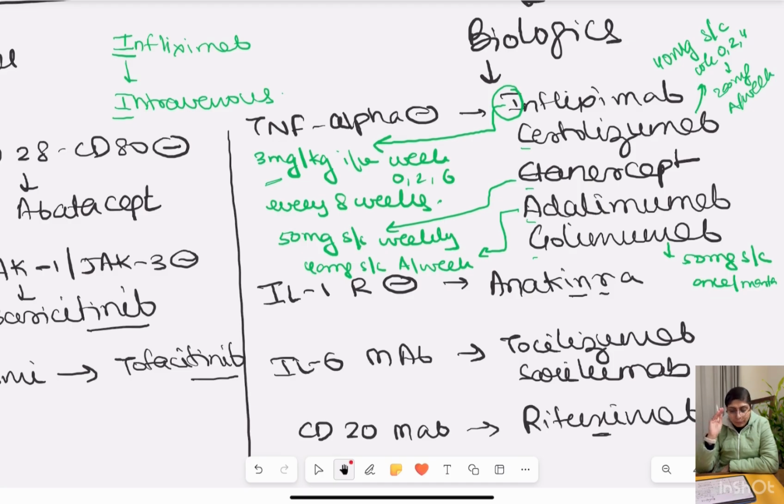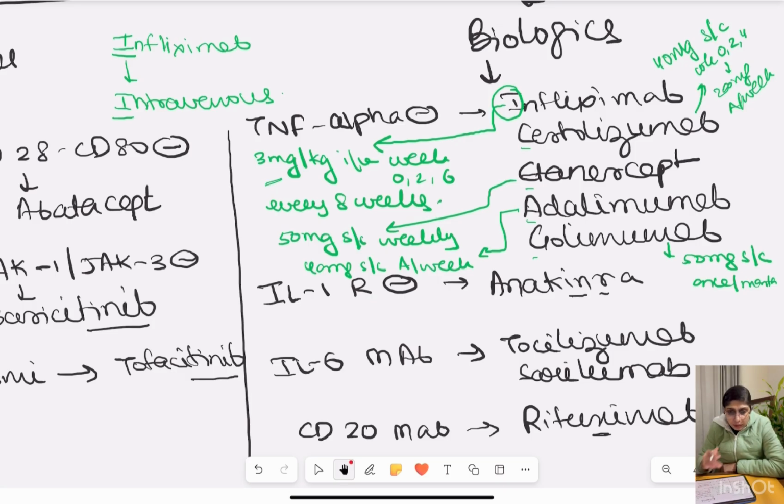And it goes from more frequent doses to less frequent doses. C is week 0 to 4, then alternate week, once in a fortnight. Then etanercept, once in a week. Then adalimumab, once in a fortnight. Then golimumab, once in a month. See, the frequency reduces. Try to remember it like this.